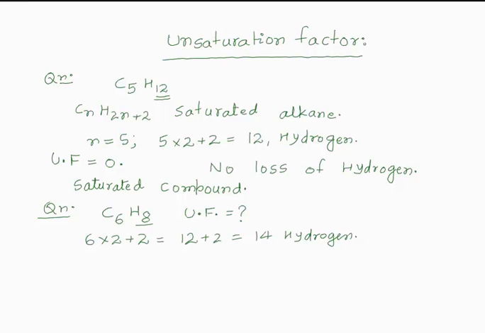So we have only 8 hydrogen. So we can calculate the loss of hydrogen: 14 minus 8, we have 6 hydrogen lost. Unsaturation factor is lost hydrogen divided by 2. That is, in this case we have 3 unsaturation factor.